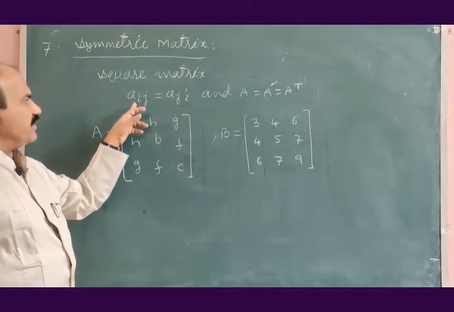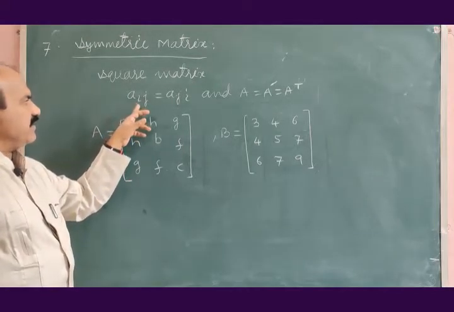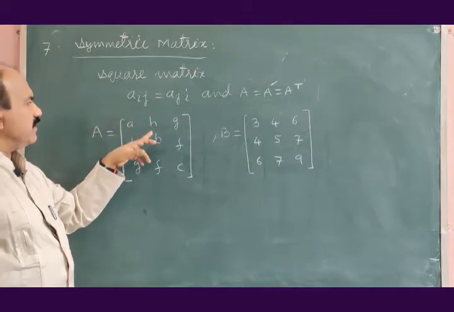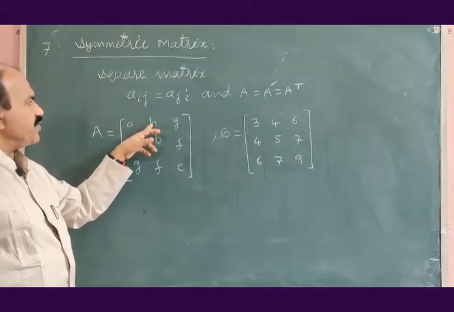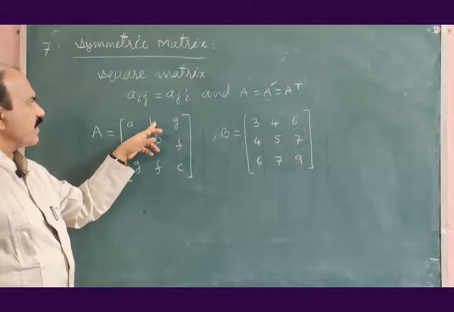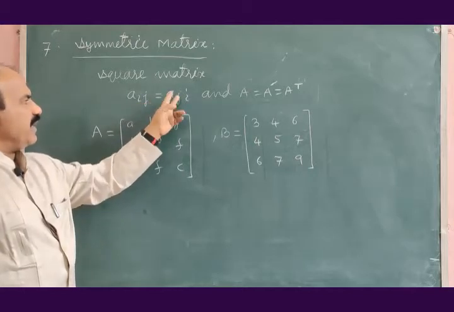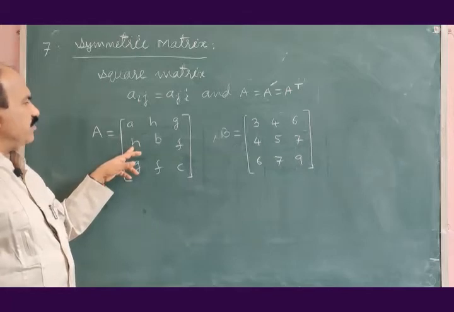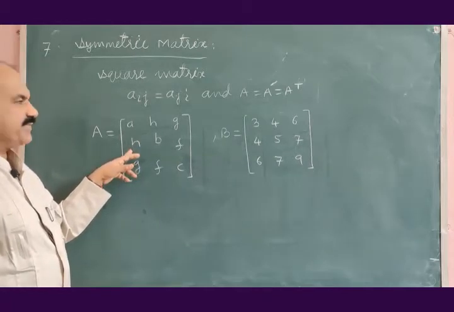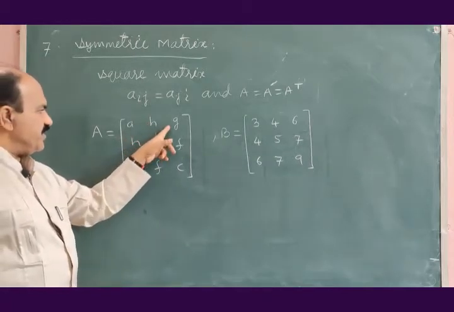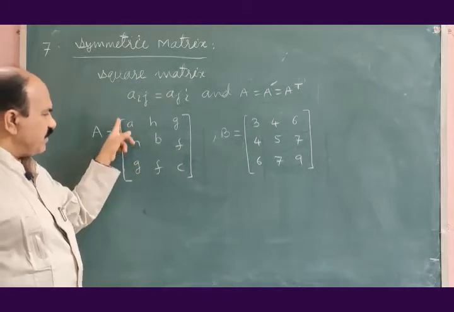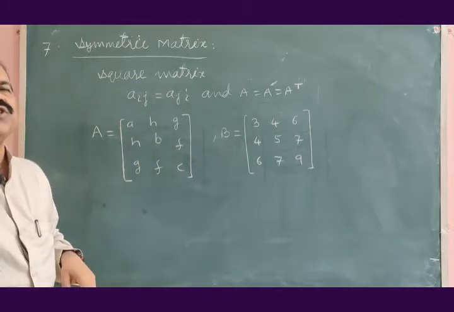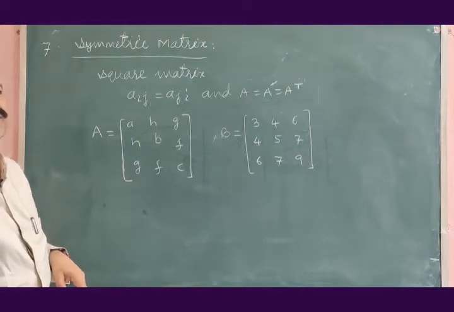If I is 1, J is 2, if we replace this and make I 2, J 1, H, G, F, there won't be any change in the diagonal elements.